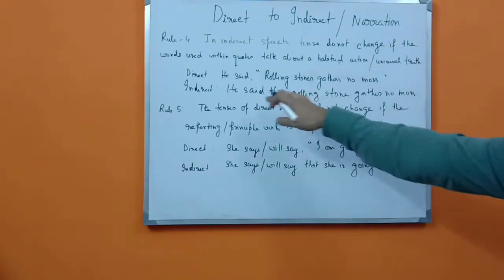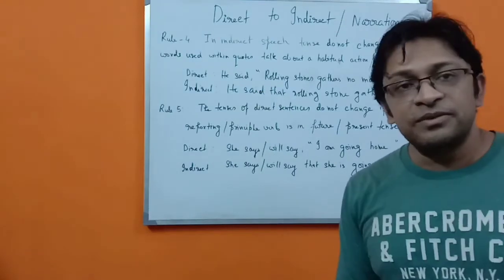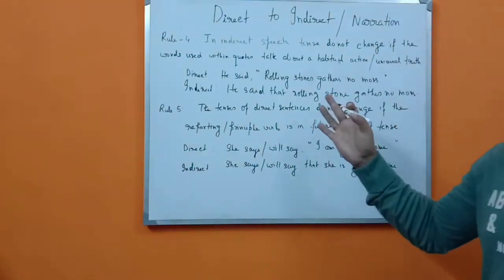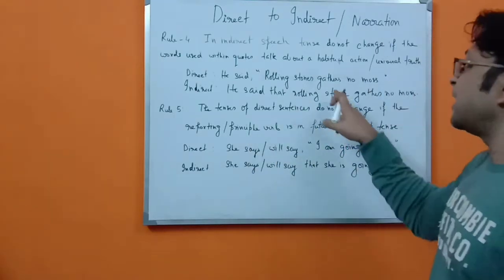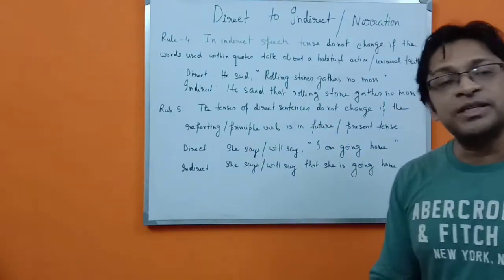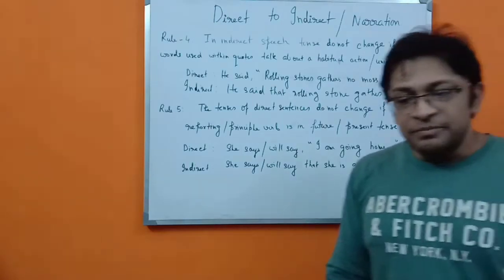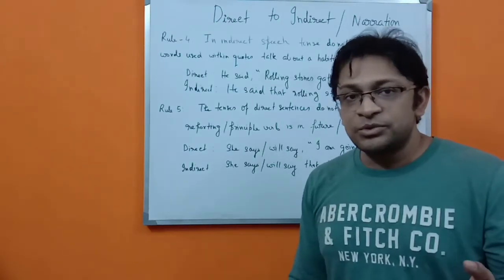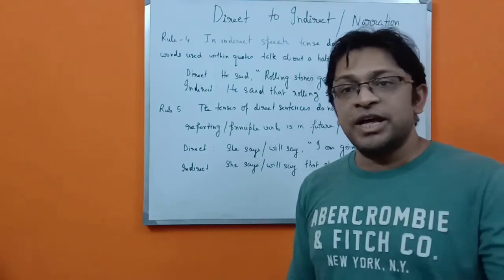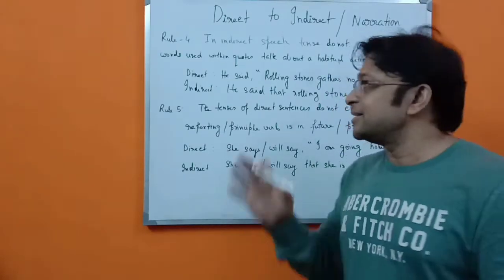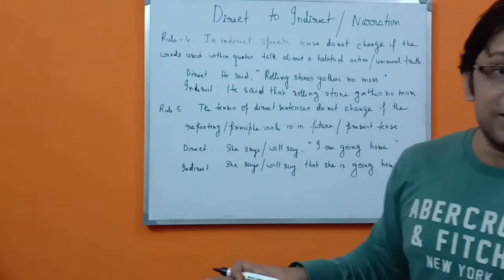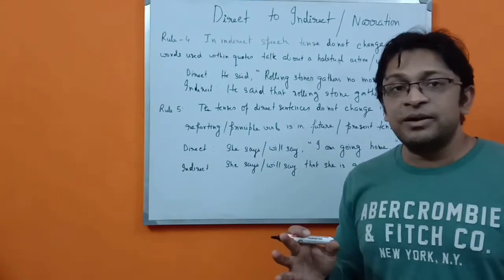So as you can see here, the principal verb is in past tense itself. Even if it is past tense, I have not changed the tense within the inverted commas, because in case of universal truth or in case of any habitual actions, there is no need of changing the tense within the quotation. So you have to be very careful while changing this.